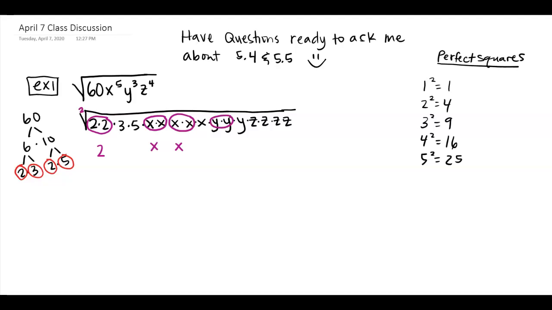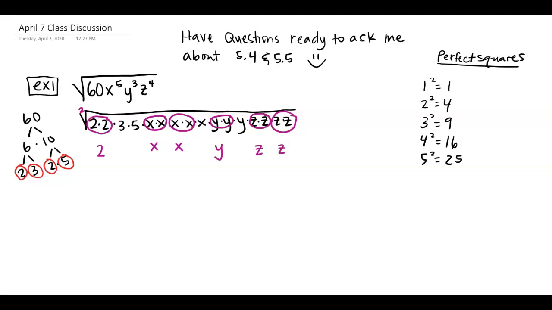I have a pair of y's, so y gets to come out, z gets to come out, and another z gets to come out. Right? And so these numbers and letters that I have in purple are all of the things that get to come out of the square root.